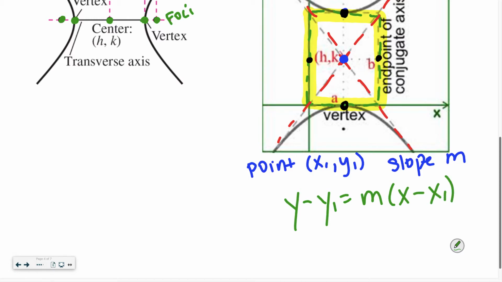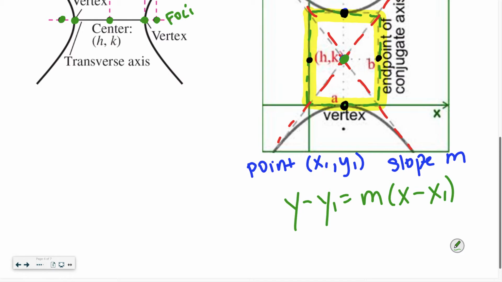What is nice about these asymptotes is that both of the asymptotes go through the center, and their slopes are going to be opposite of each other. So if you have a slope of 2, your other one has a slope of -2. If one has a slope of 5 halves, the other slope is -5 halves. So we're going to be able to tell our slope from our picture using A and B.